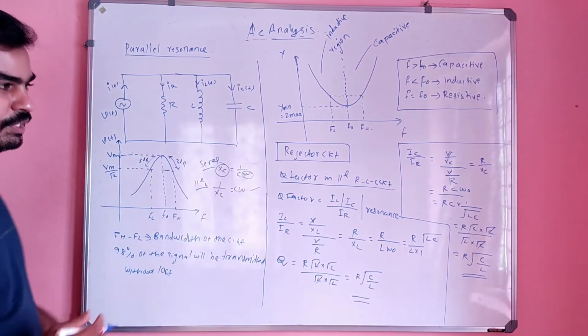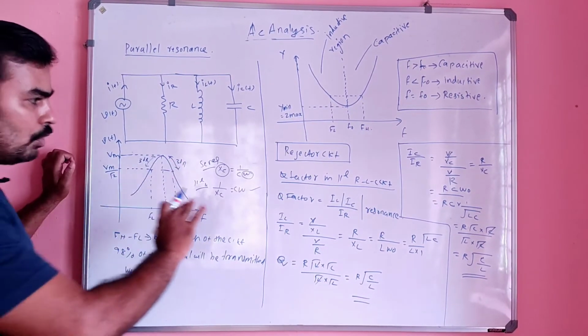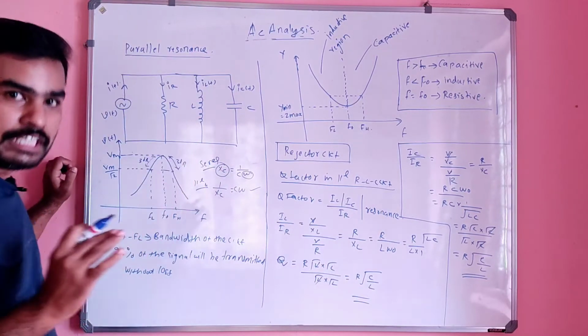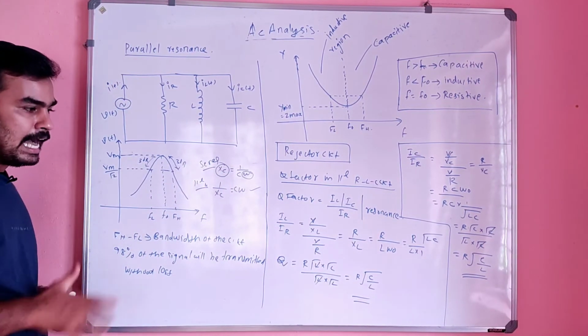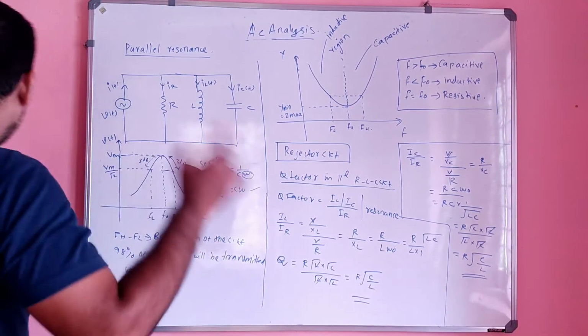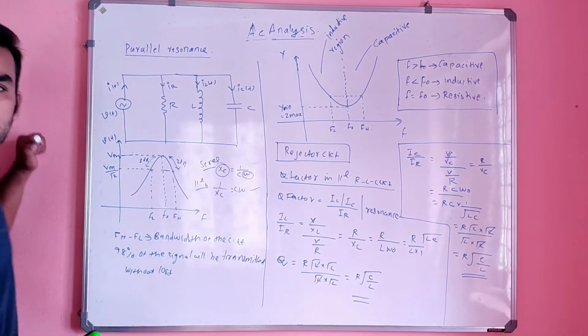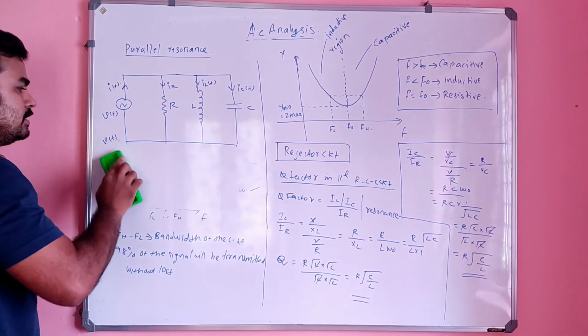So IC by IR, in both the cases, the Q factor will be R root of C by L. It's a very, very important relation. Q is equal to R root of C by L. Please compare it all the time with the series RLC circuit. Then things will be very easy for you.